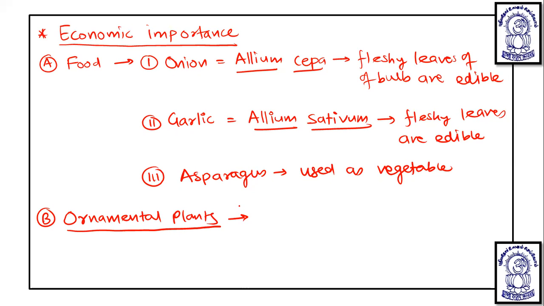In these ornamental plants, you will see some examples like lily, then tulip, and the third example is gloriosa.